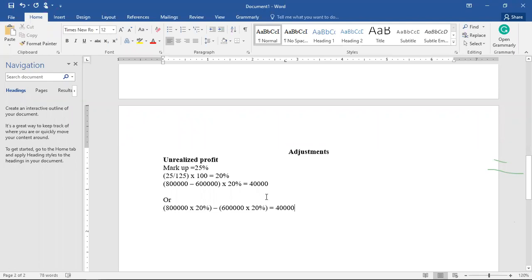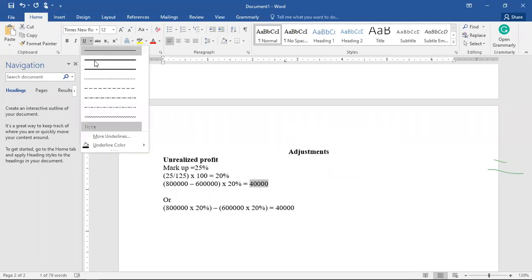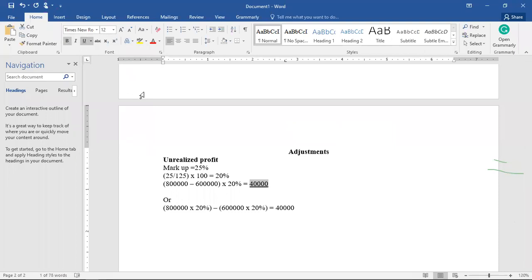So therefore, unrealized profit is 40,000. That is how you identify the unrealized profit.